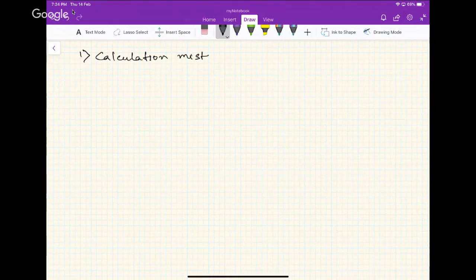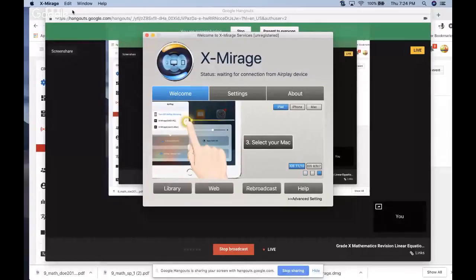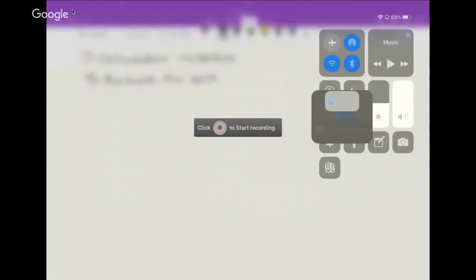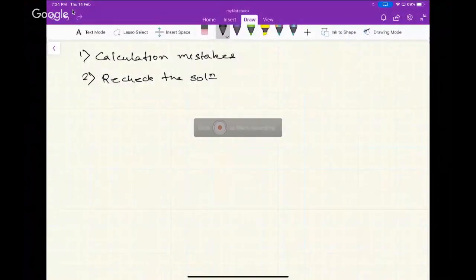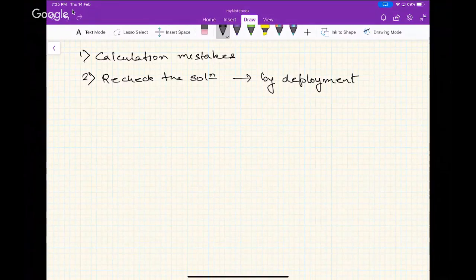Most of you lose marks because of this, right? Second, recheck the solution. Please recheck it by substituting the actual values. Please check it.